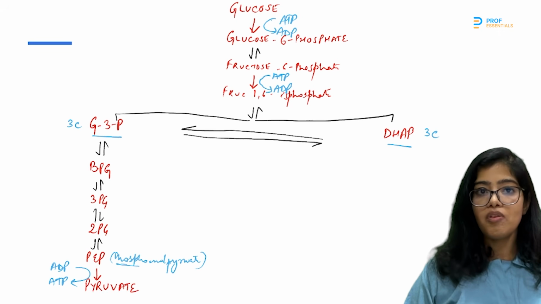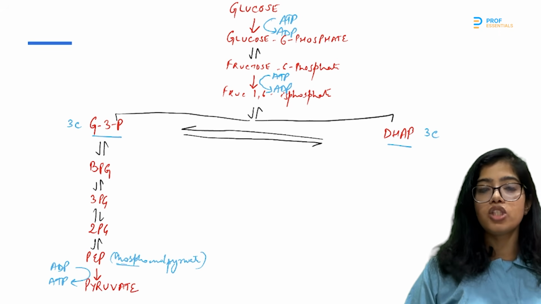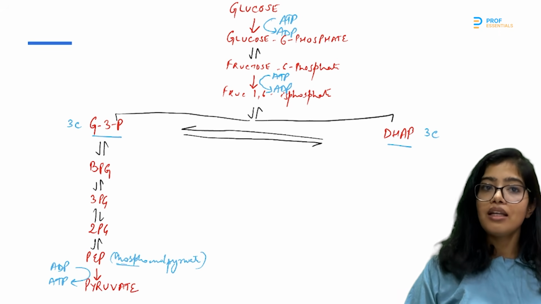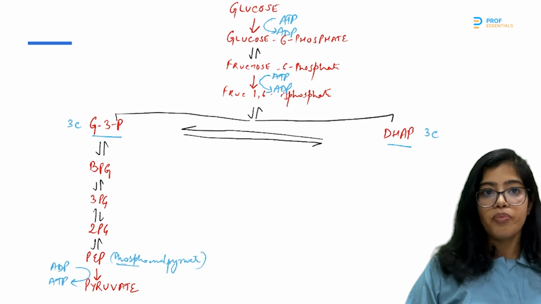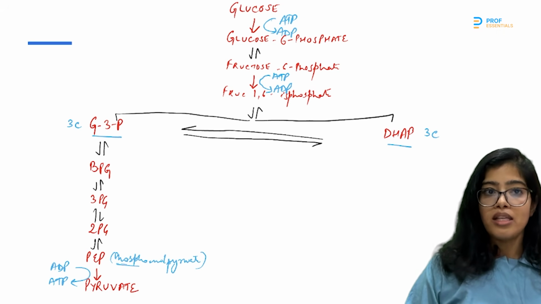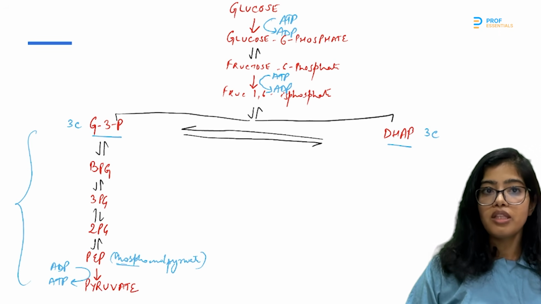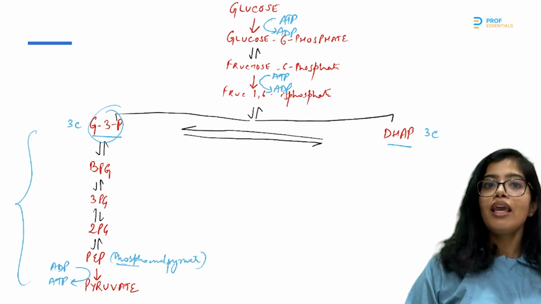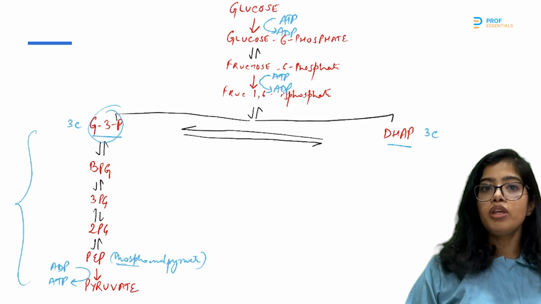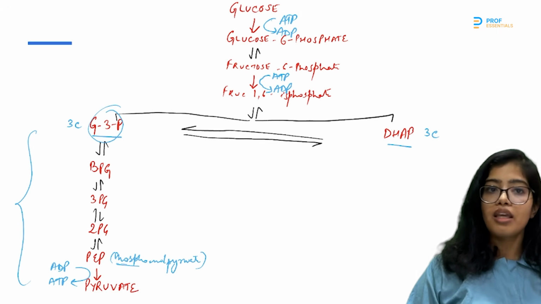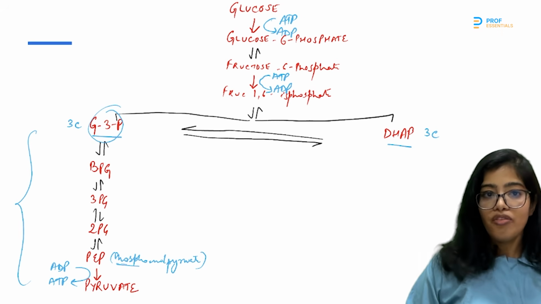DHAP will again convert to G3P, and again another step will occur. So this series of reactions will occur twice, once with this G3P and again with the DHAP, which has converted to G3P. Therefore, everything is occurring twice.